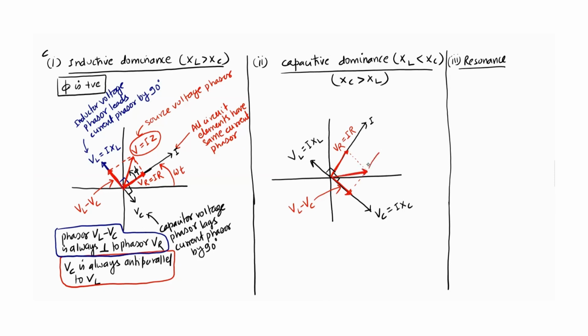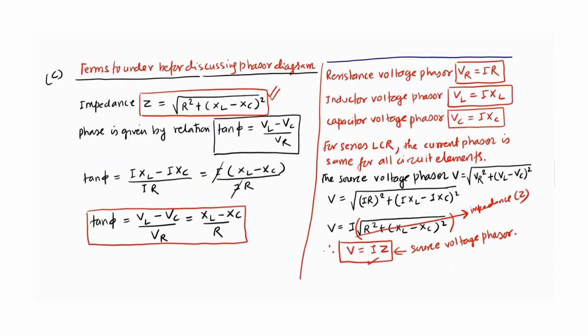This is the source voltage phasor. So this is V equals I times Z, and phi in this case is negative.